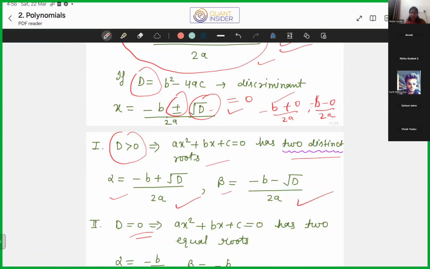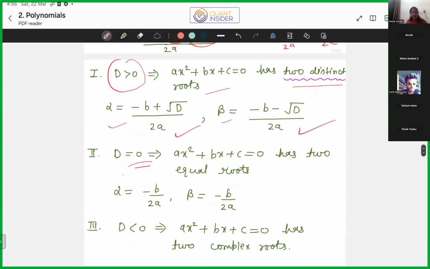So both of them will give you minus b upon 2a. This means that you have equal roots. So I have written here, when D is 0, then ax square plus bx plus c equal to 0 has two equal roots. And these roots are minus b upon 2a.